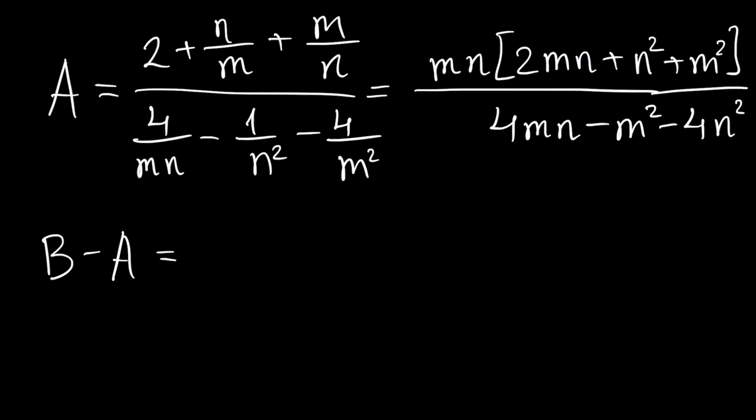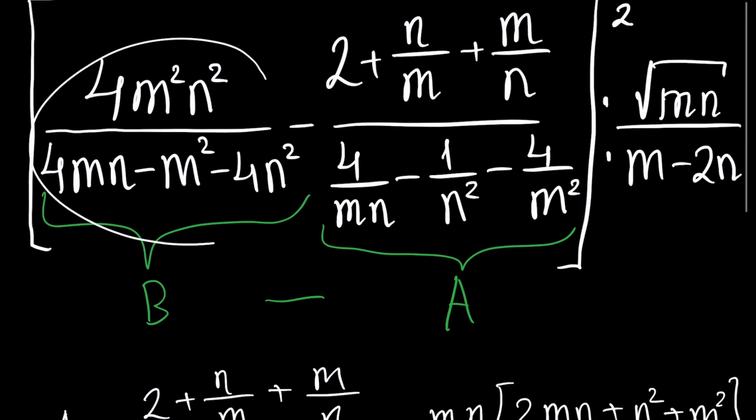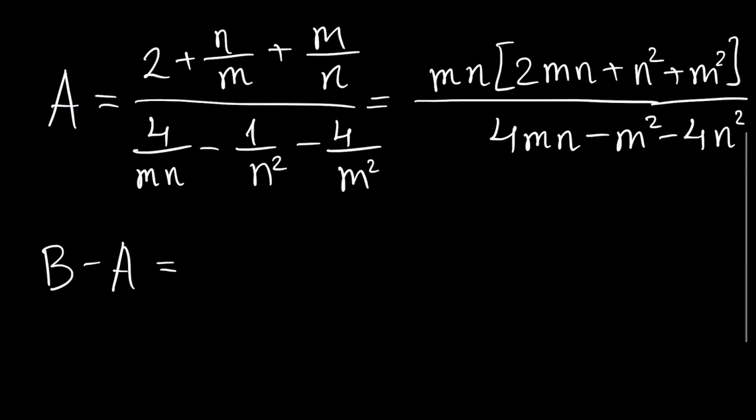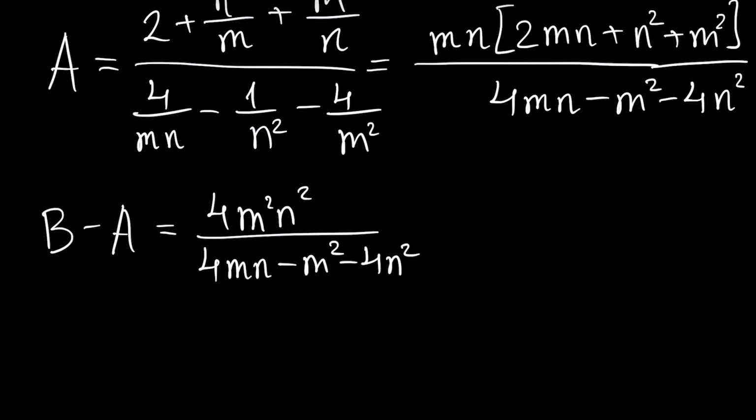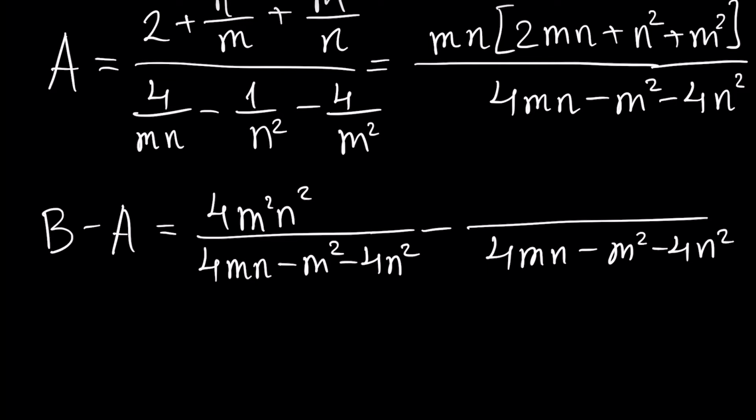B minus A is equal to, let's rewrite B. It's 4m squared n squared divided by (4mn minus m squared minus 4n squared), and minus, with the same denominator 4mn minus m squared minus 4n squared, in the numerator we have mn times (2mn plus n squared plus m squared).